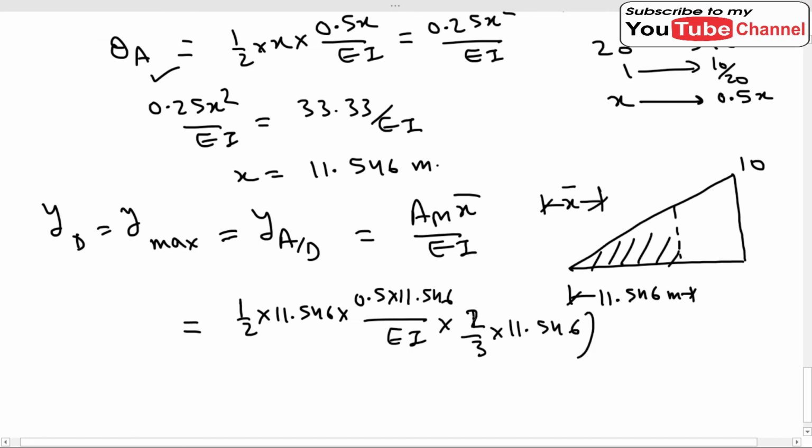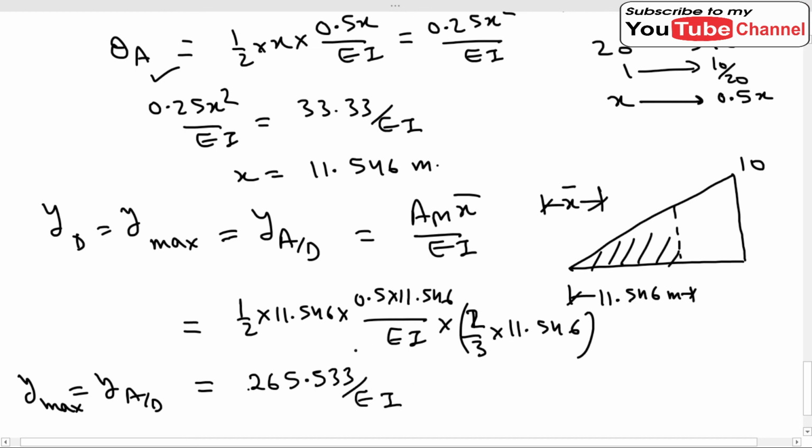So this will be the value of x bar. So y A D, or you can write it y maximum, if I calculate this value, will be something like 265.533 upon EI. Okay, so we have found the maximum deflection.